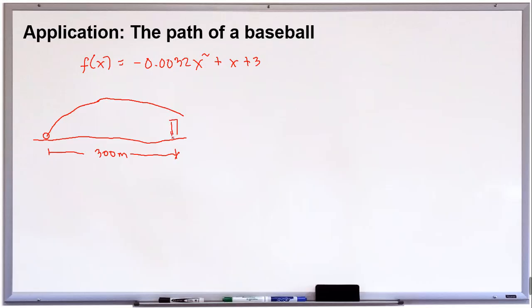So we have here a 10-foot fence. Now, what is the height of the baseball relative to the ground at 300 feet from its starting point? Therefore, we're going to let x equal 300. Sorry, 300 only.